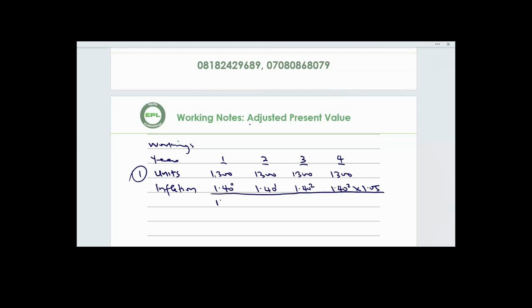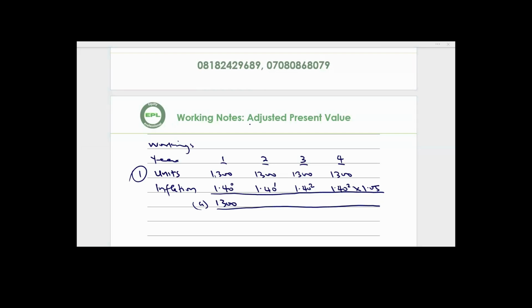Therefore, here will be 1,300. Let's say this is A. Then I would say, bring out the calculator, 1,300 multiplied by 1.4. That gives 1,820.